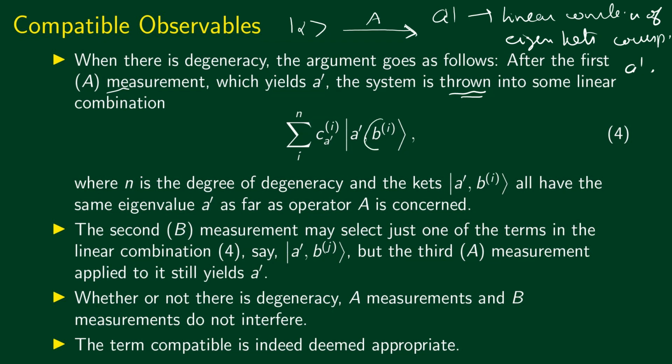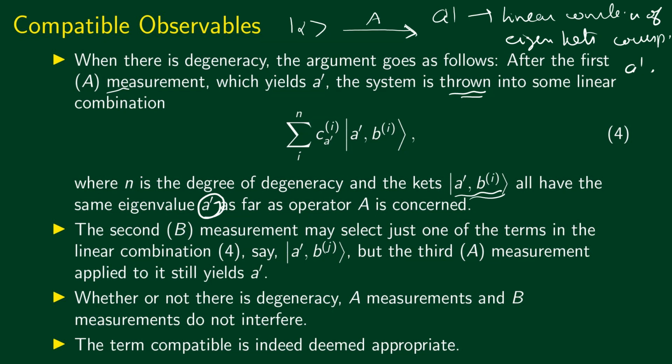So Bi, we have seen, are the eigenvalues of the observable B, which is compatible with A. Now n is the degree of degeneracy, and the kets A prime Bi all have the same eigenvalue A prime as far as the operator A is concerned.